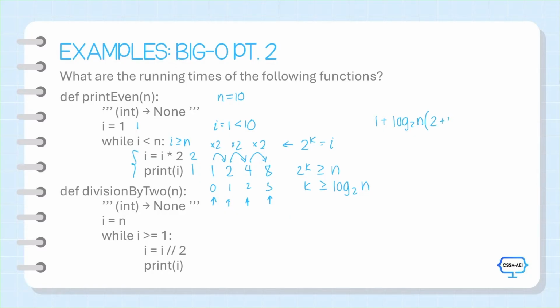So 2 plus 1 is 3. So we're going to get 1 plus 3 log n as our number of operations, which is just going to simplify down to O of log n.